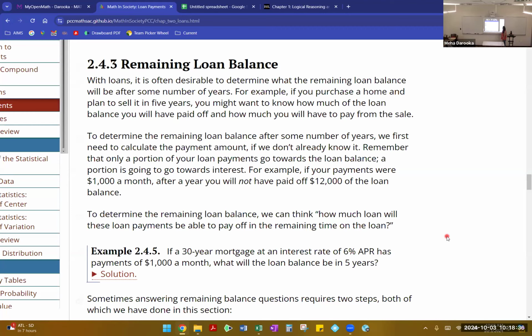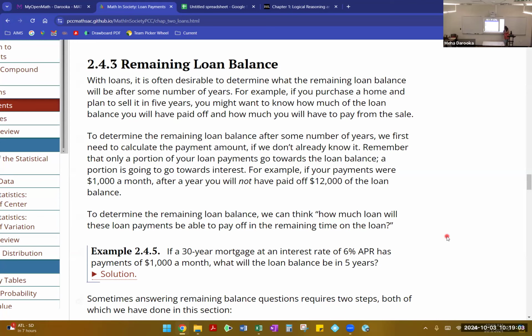And only a portion of your loan payments go towards the loan balance. So the idea here is, a portion is going towards interest, a portion is of course going towards the loan balance. So if your payments were, let's say, $1,000 a month, after a year, you will not have paid off 12,000 of the loan balance.